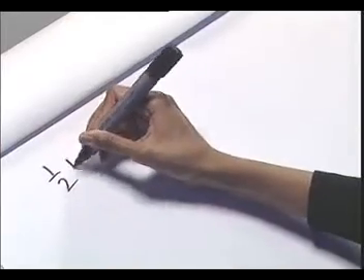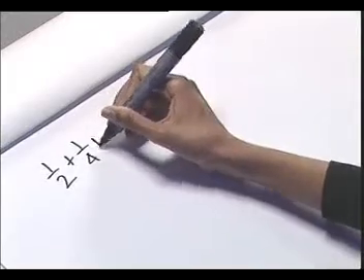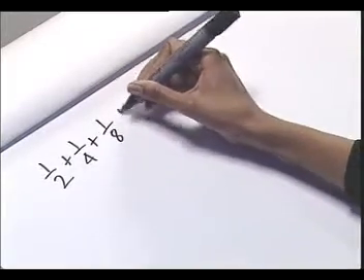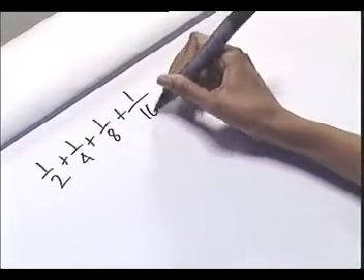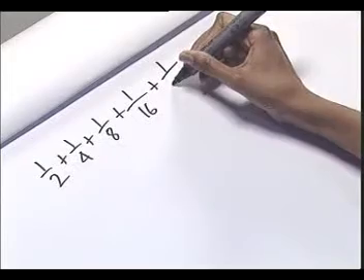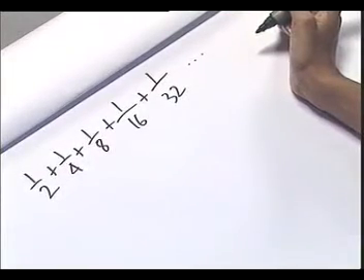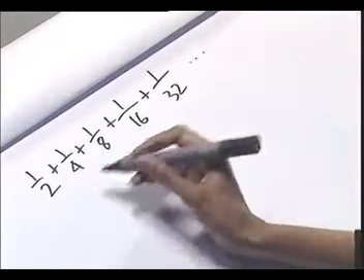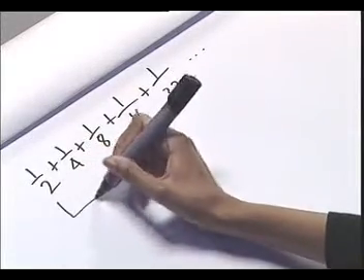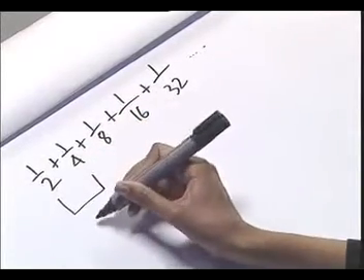So our series was a half, plus a quarter, plus an eighth. I'll put down a few more terms this time. It's 1/16, 1 over 32, and so on. If I add up the first two terms, I get 3/4.